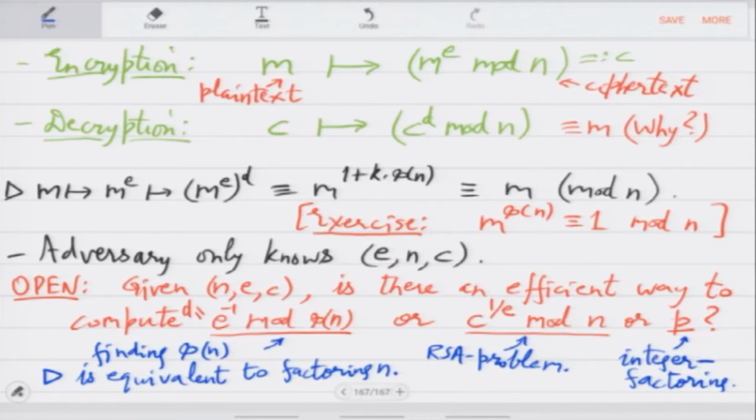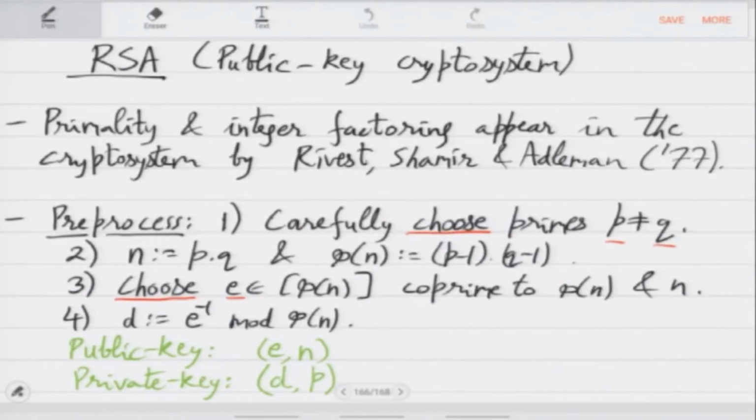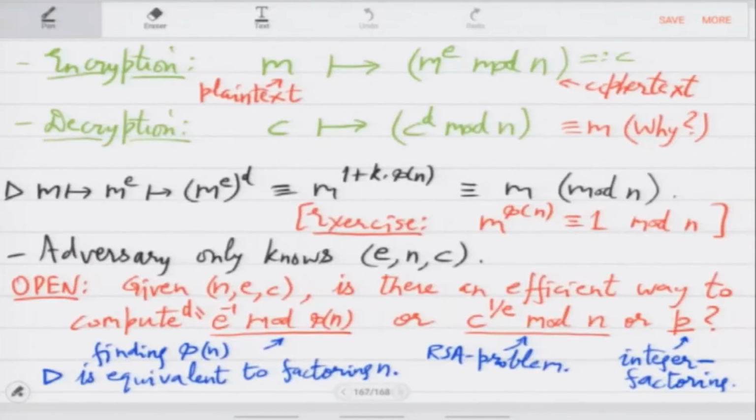Yeah, so this is the state of the art. This is the best or most used crypto system on the internet. And already in the pre-processing step, you need good primes. Otherwise, this thing will not work. So finding primes reduces to testing them. So that is where primality testing enters.